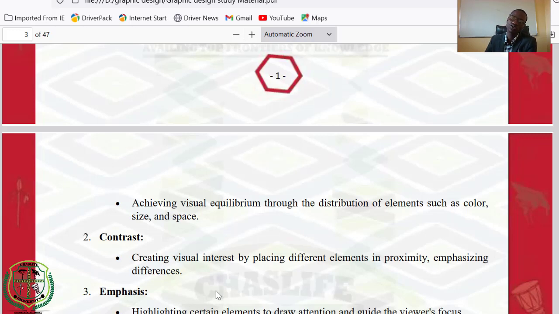Those people that shoot videos, they shoot them based on the mood they want to create. And color has proven to be one of the components that influences the mood. So there are certain colors that influence mood.